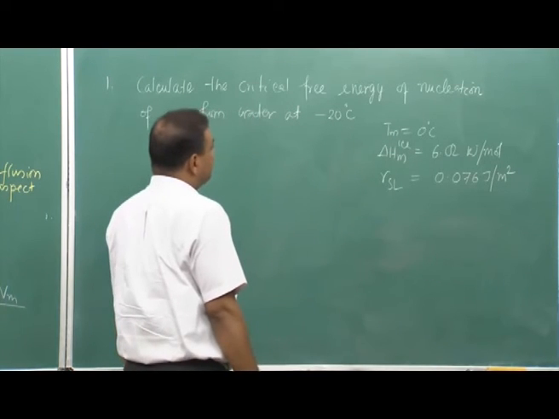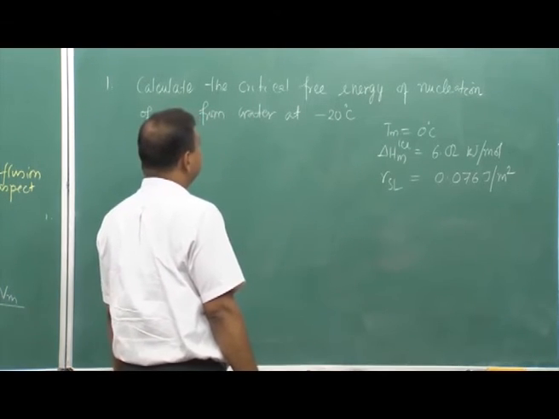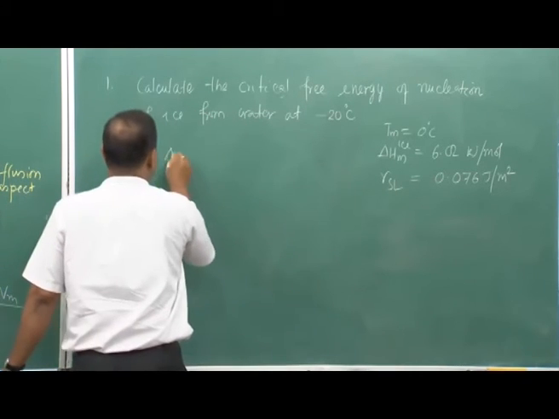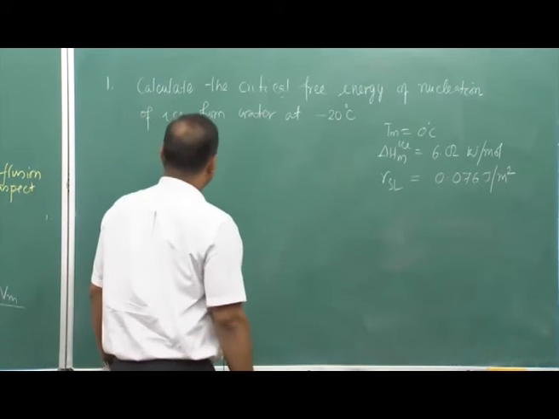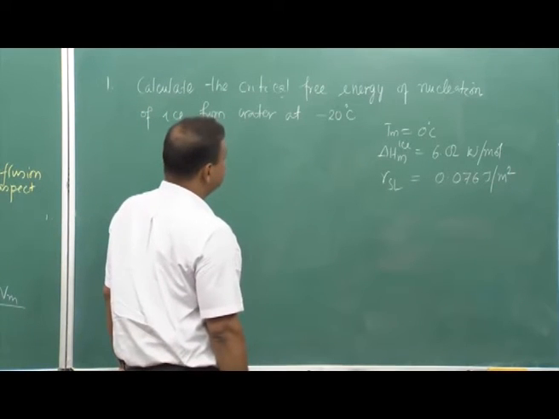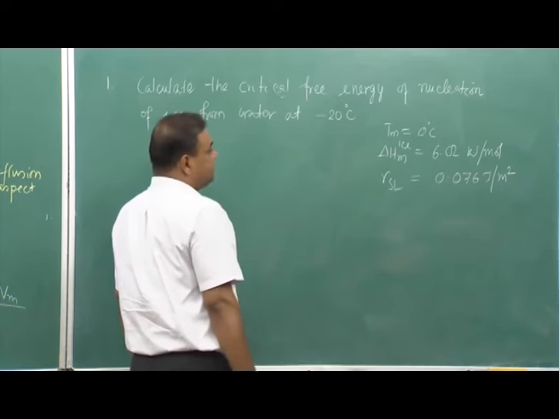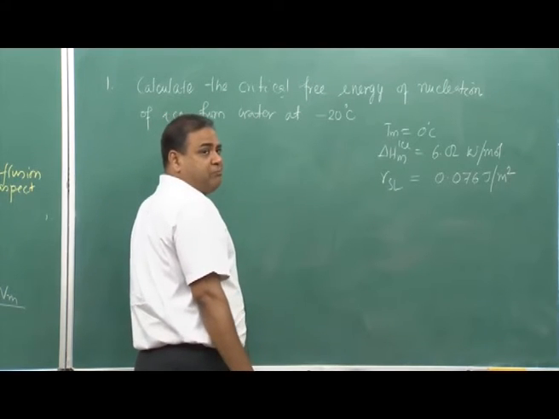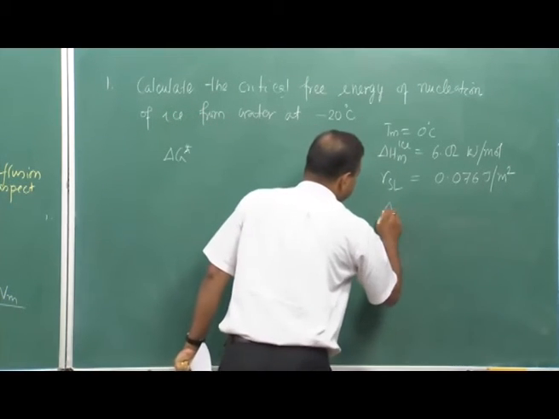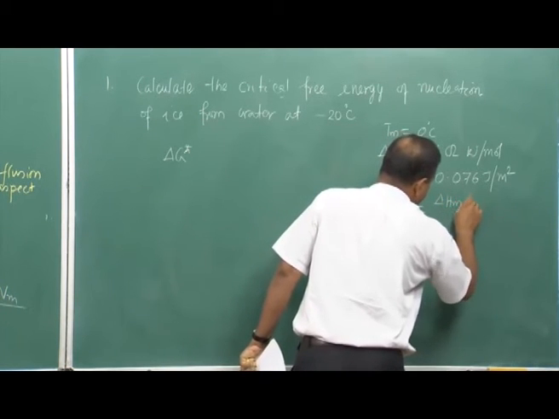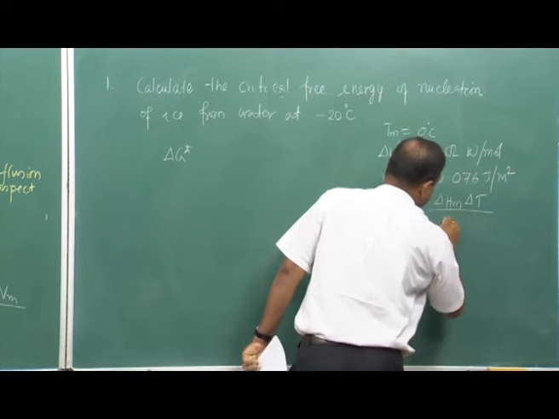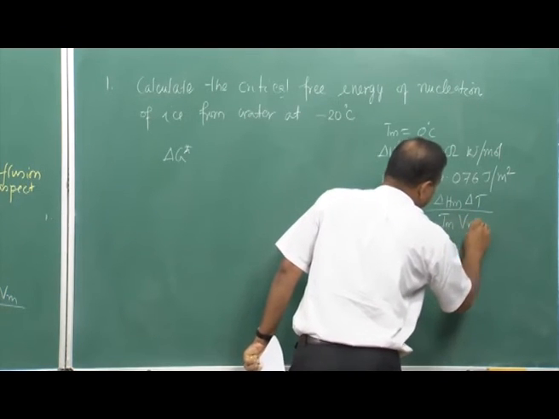And while calculating this critical free energy, we have to calculate delta G star. So, to calculate delta G star, we need not delta Gm, rather we need delta Gv, which is delta Hm, delta T, Tm, Vm.